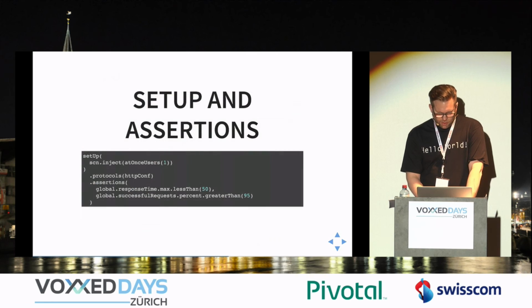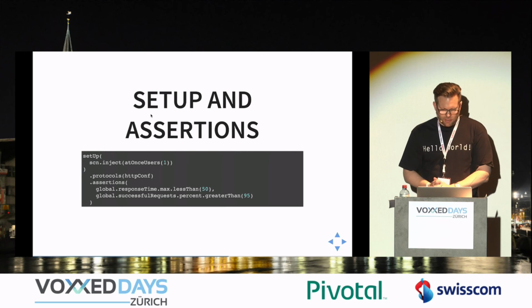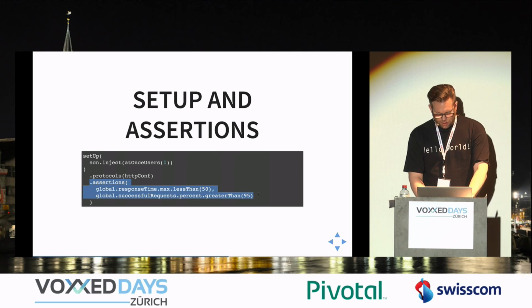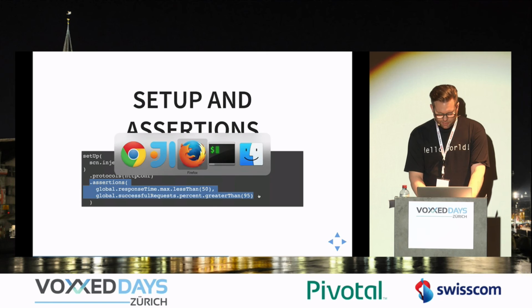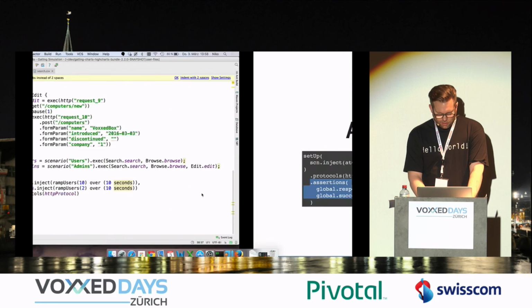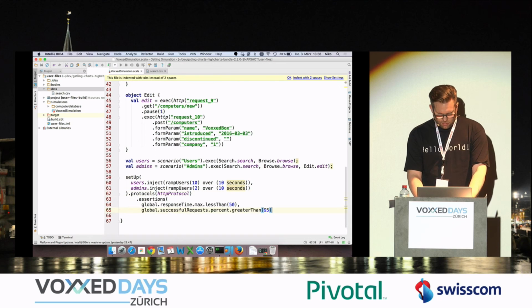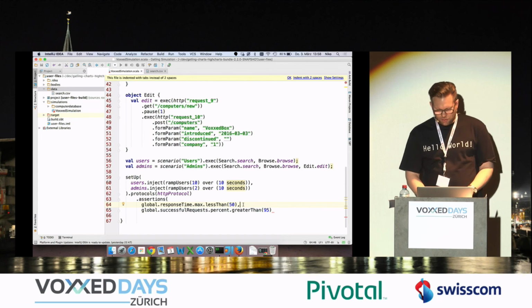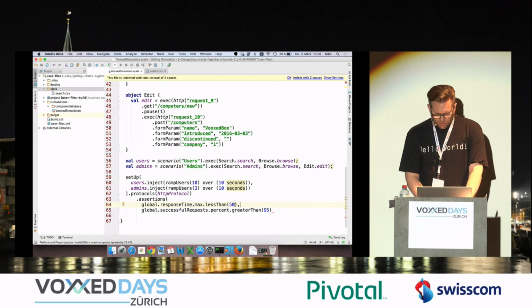And one thing I do not have in my tests here, but only on the slides, are global assertions, which I can use to include in the tests. Global assertions are for specifying global conditions if the test passed as a whole, not only the single requests.